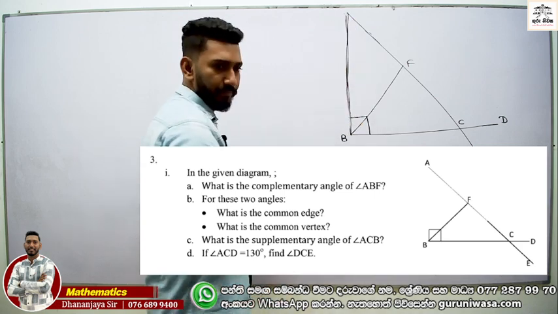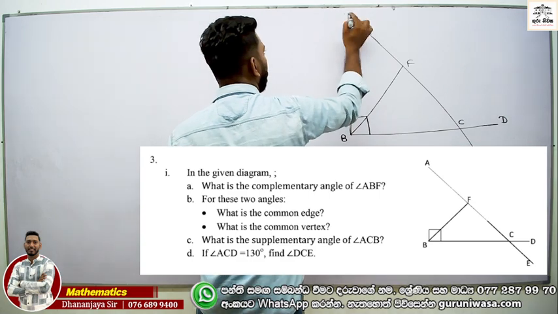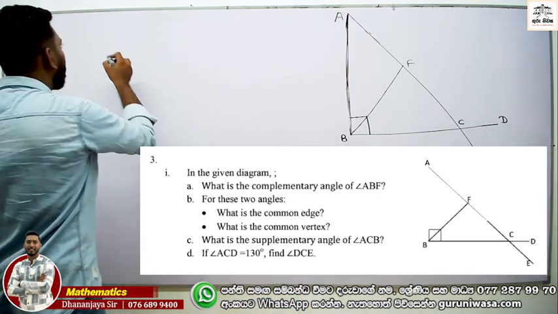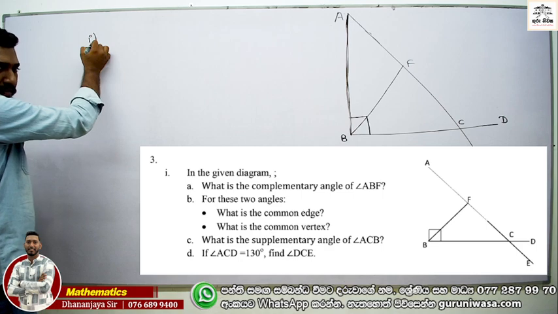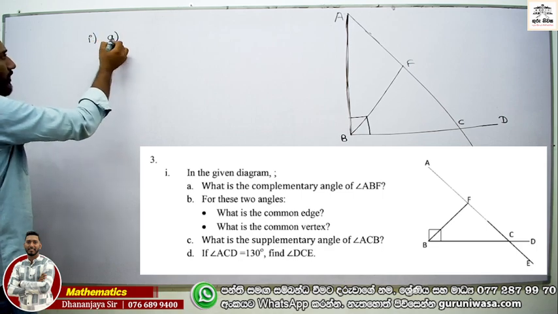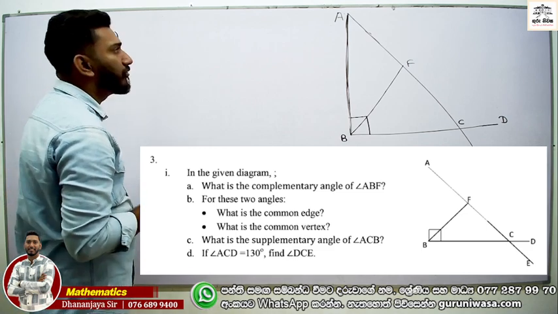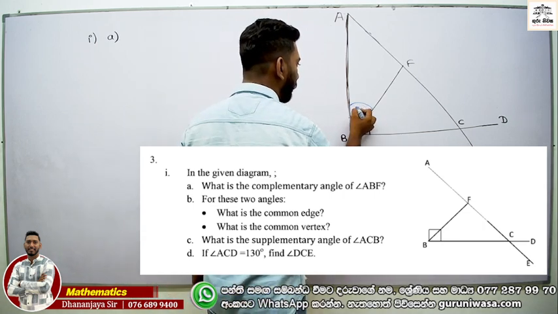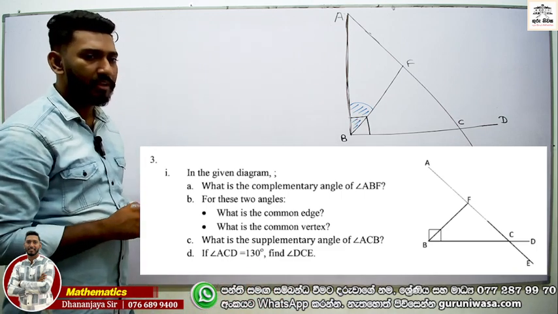Now listen. First one, simple. In the given diagram, the complementary angle relevant to the angle ABF. This angle is ABF.